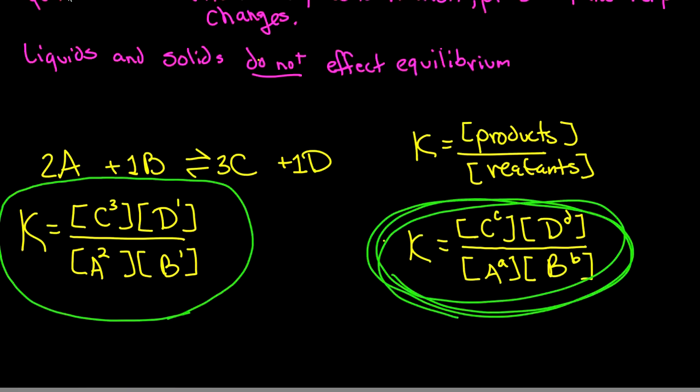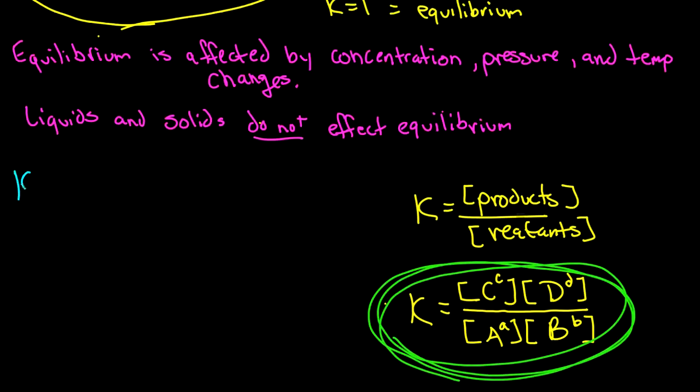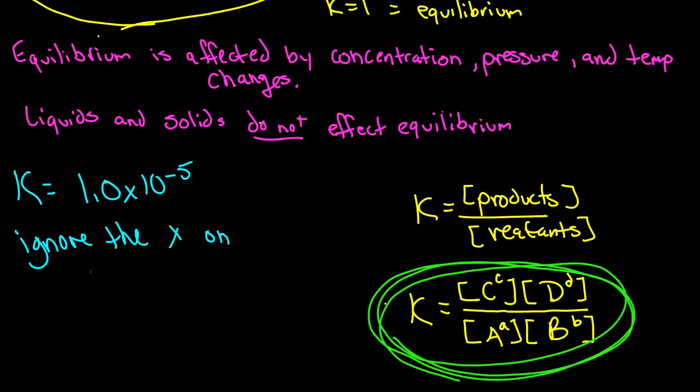So one thing to add to your notes. If your K constant is less than 1, but generally really small, if it's something like 1.0 times 10 to the negative fifth or smaller, you can ignore the X on reactants.